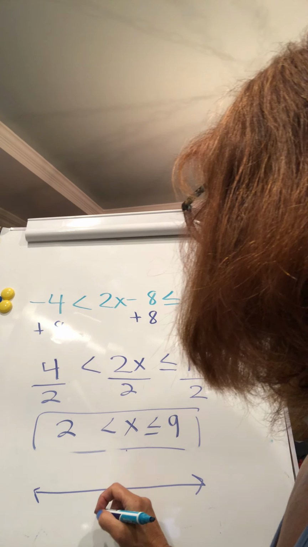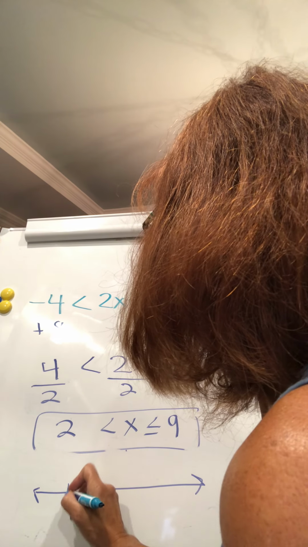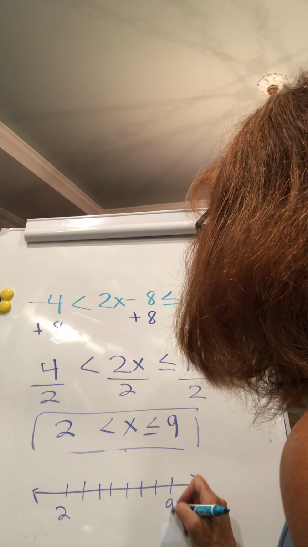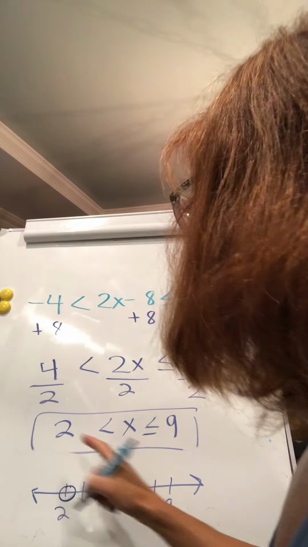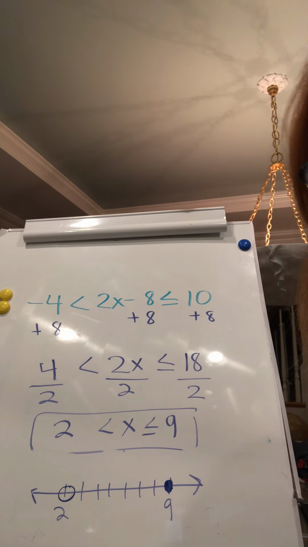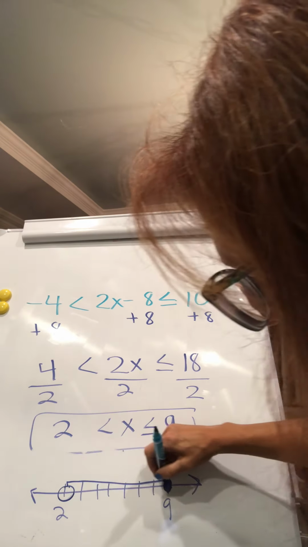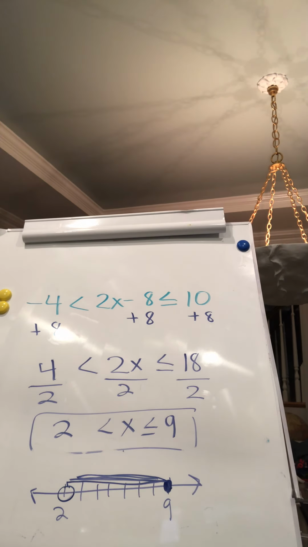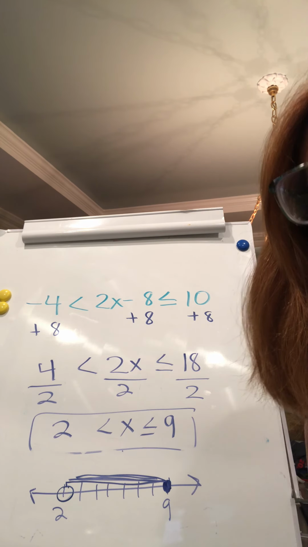Let's start 2, 3, 4, 5, 6, 7, 8, 9. An open circle on 2, a closed circle on 9 because I have less than or equal to, and then shading in between. Okay? All right, hopefully that's all you need to know about compound inequalities, and you can complete your problem set.